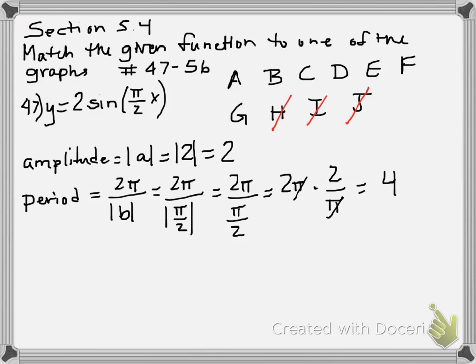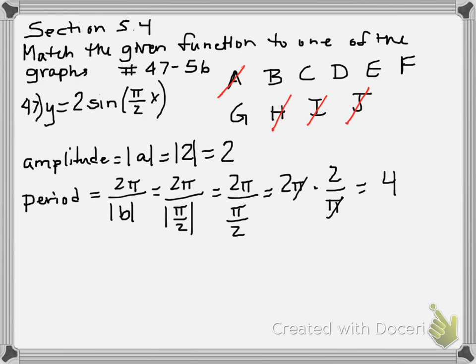So now I'm going to look for that so I can do the process of elimination. I'm going to look at the periods of each one of these graphs. Going back to page 415, if I look at number 1, this is not even a sine graph, it's a cosine graph because it starts up and doesn't start down. So A is a cosine, so I can eliminate that.